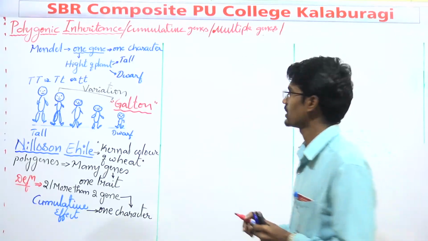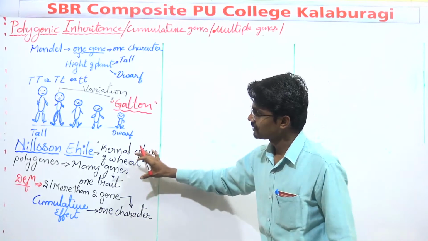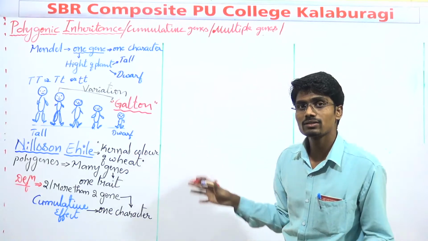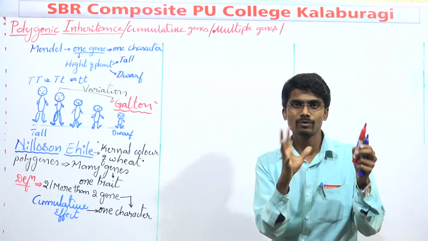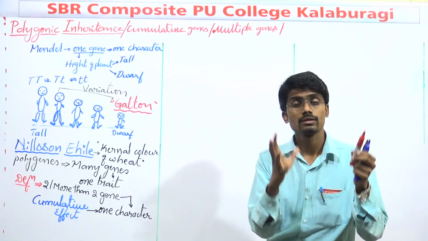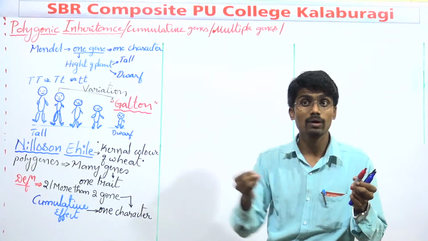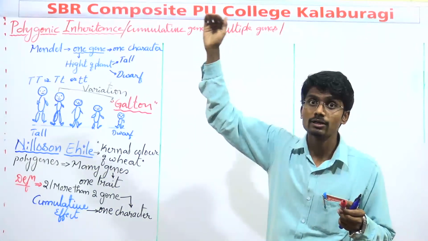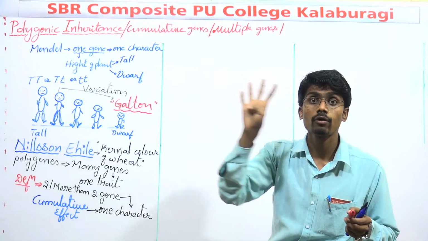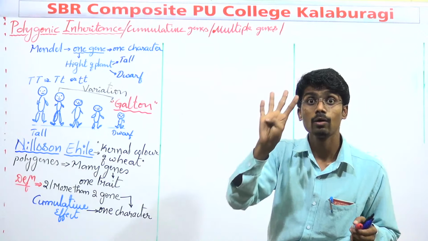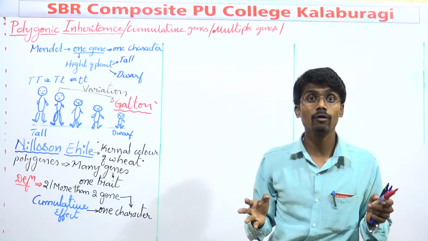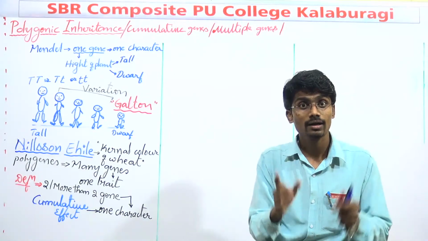There is another term. Many genes represent quantity. A single gene does not show that much quantity, isn't it? With many genes, I will tell you, the height of a human being is controlled by about 400 genes in a population. In a population, 400 genes are responsible for controlling one character. Is it a quantity or quality? Surely, it is a quantity.